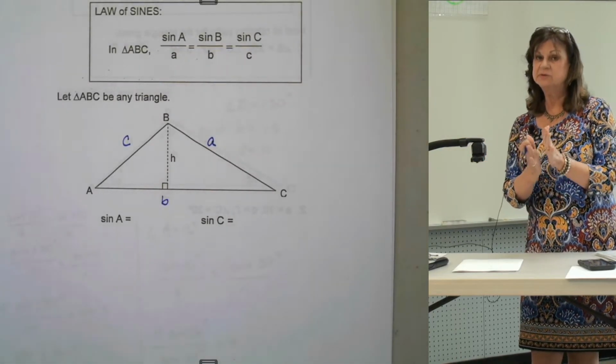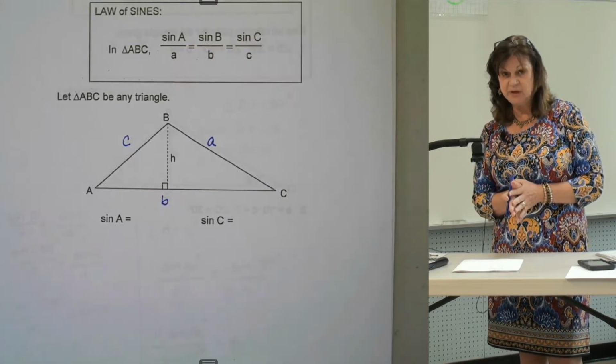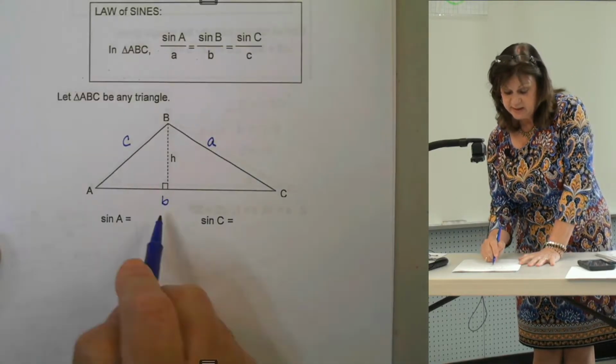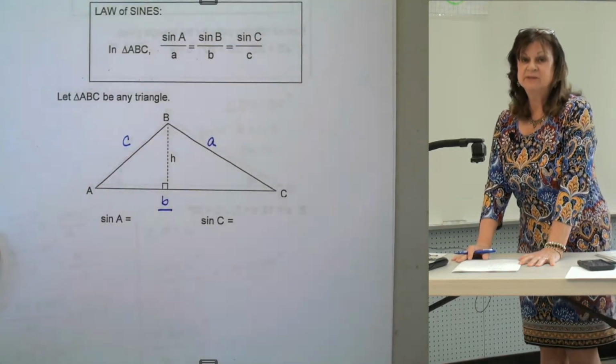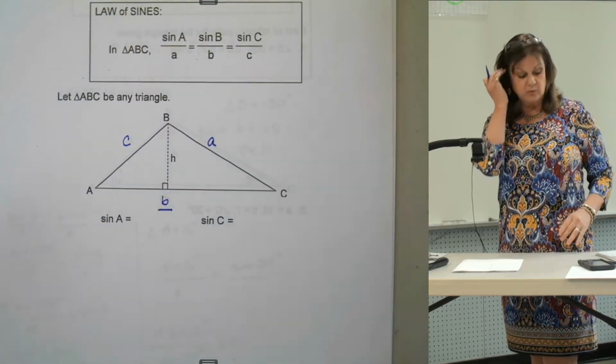The smaller the angle, the smaller the side length is going to be. So it appears to me, looking at this triangle, that angle B is the largest angle, which means length B will be the longest side. So keep those basics in mind as you're working through this.